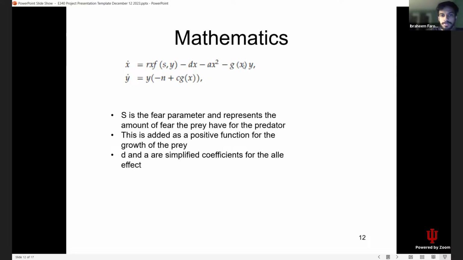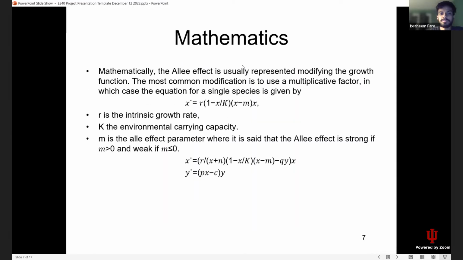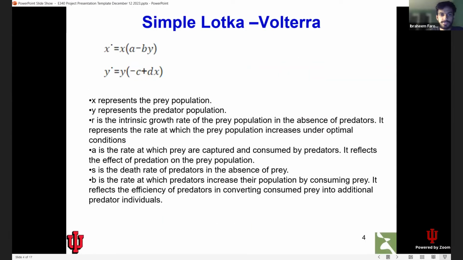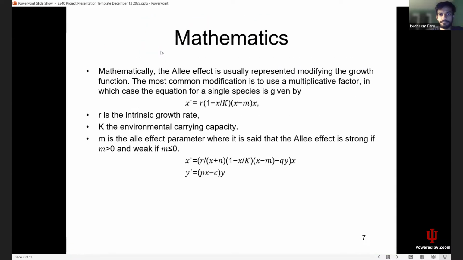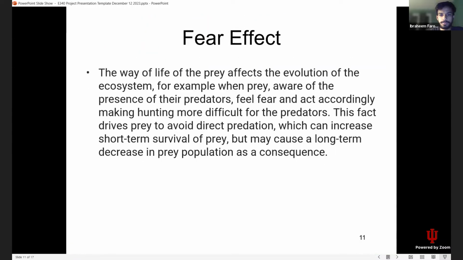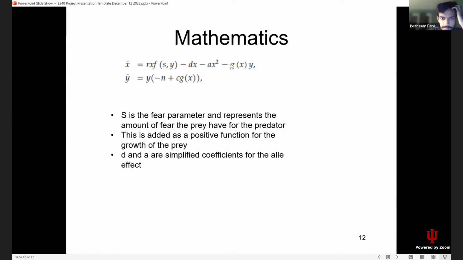G of X in our scenario we're just going to be substituting. G of X could technically be any relationship that you want the prey to have with the predators. But in our case, we're just going to be following the simple Lotka-Volterra G of X, which is bx.